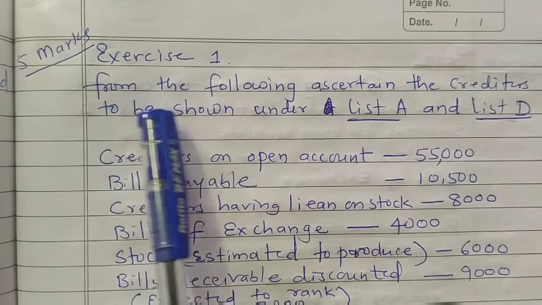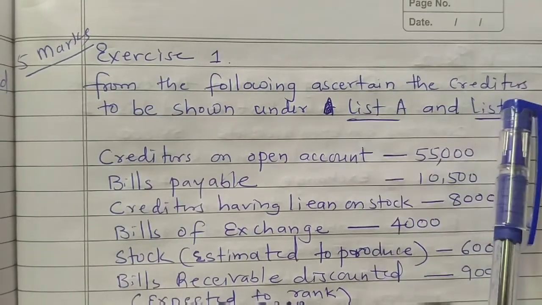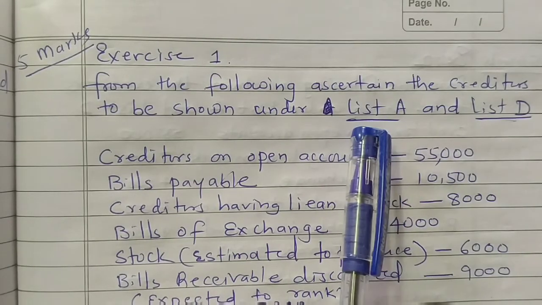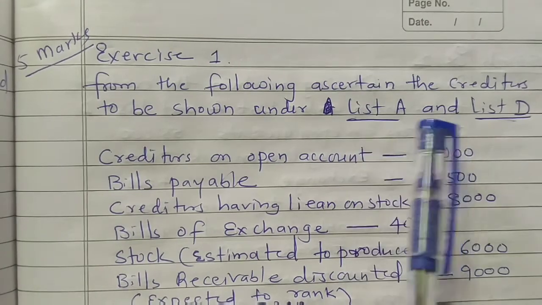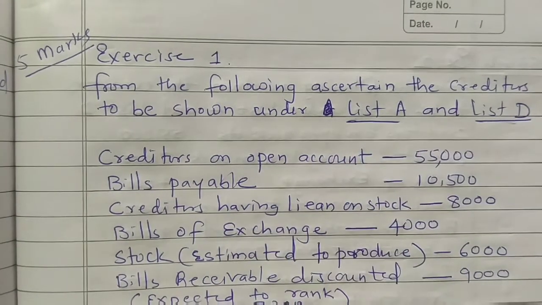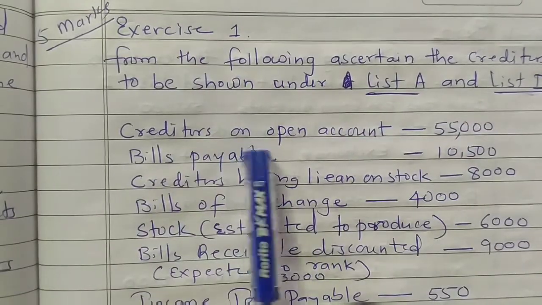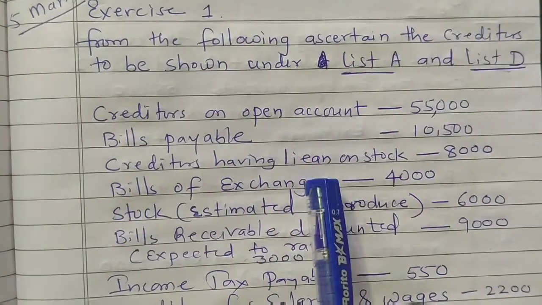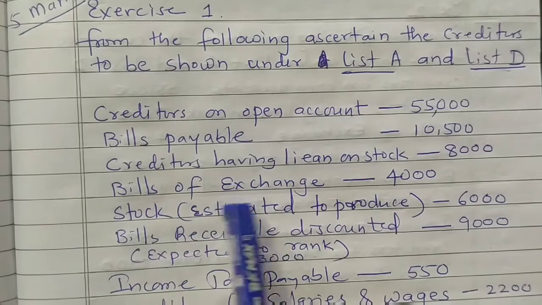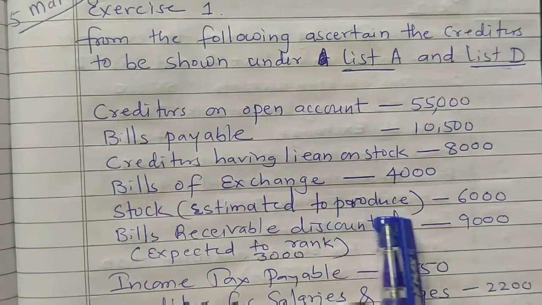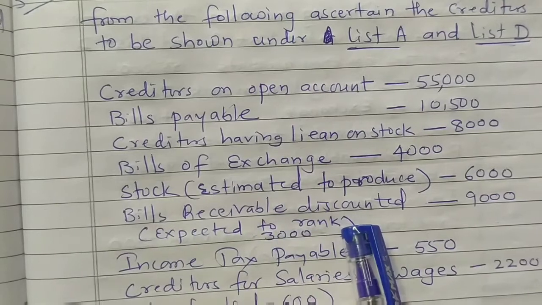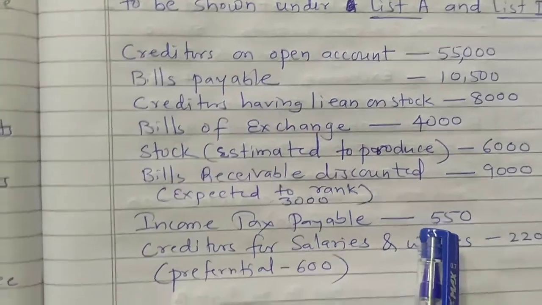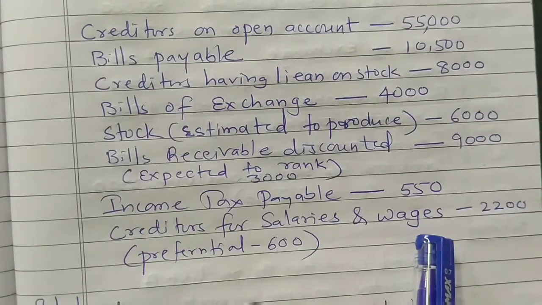Here is one exercise. From the following information, ascertain the creditors to be shown under list A and list D. We know that list A is unsecured creditors and list D is preferential creditors. Some items are given: creditors on open account 55,000, bills payable 10,500, creditors having lien on stock 8,000, bills of exchange 4,000, stock estimated to produce 6,000, bills receivable discounted 9,000, expected to rank, income tax payable 550, creditors for salaries and wages 2,200.